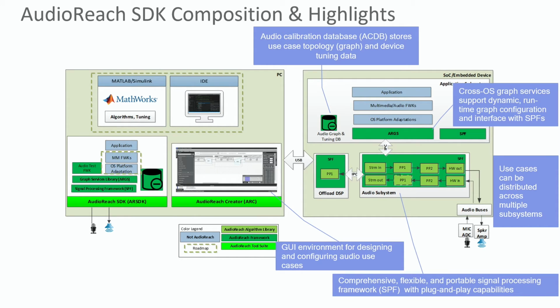This is the one that provides the API to the client to set up a use case graph and interact with the use case graph running on these SPFs. It also queries the ACDB to download the graph definition as well as the device tuning data.